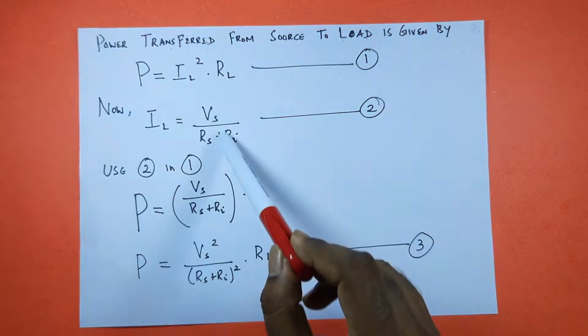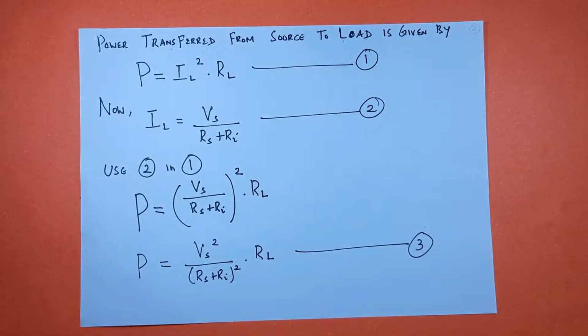P equal to Vs by Rs plus Ri the whole square multiplied by RL. Squaring the upper and lower terms, P equal to Vs square divided by Rs plus Ri square into RL.